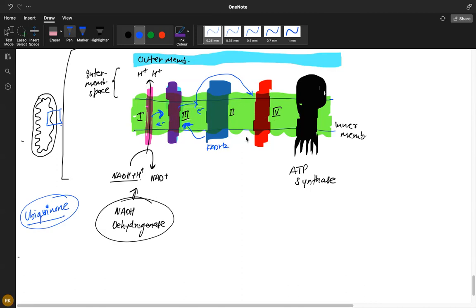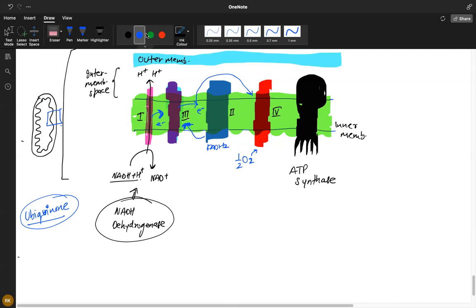Okay, and in complex 4 it is where this happens. In complex 4 this reaction happens: you need O2 plus hydrogen and make it into water. If you balance the reaction, it is a weird reaction because half O2 doesn't make sense, plus hydrogen, which is present here, which was being transferred, right?